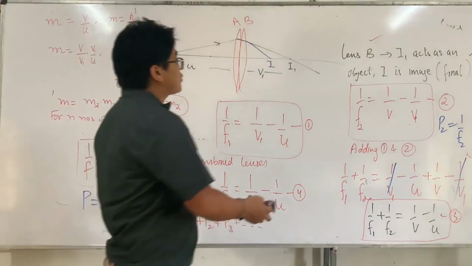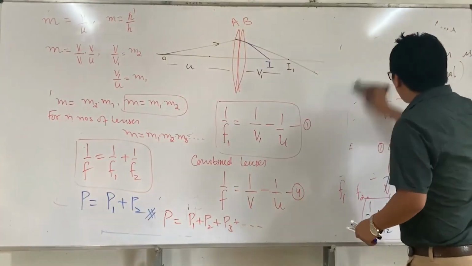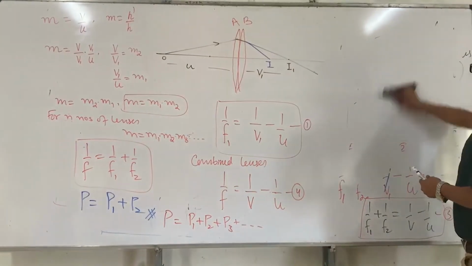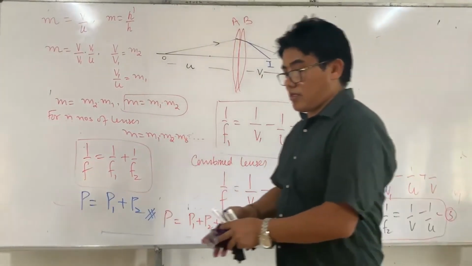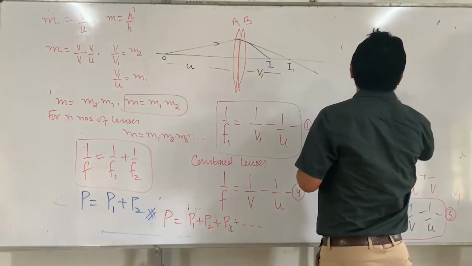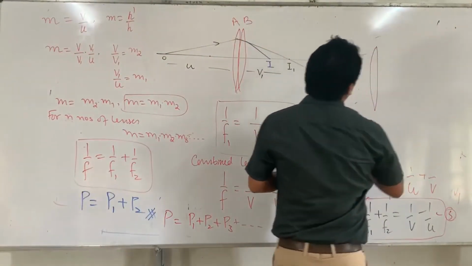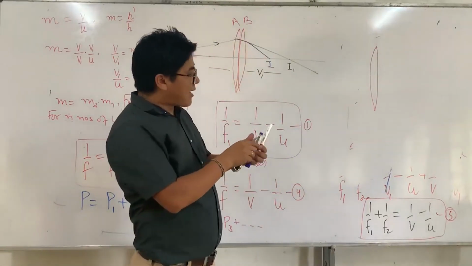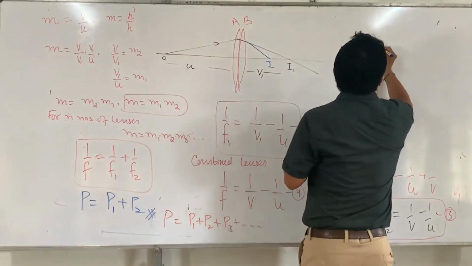Alright. So finally, a small problem. Let's say I have a convex lens like this, and then I combine this with a concave lens.